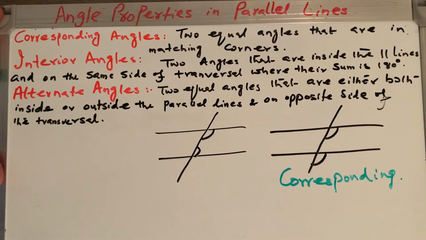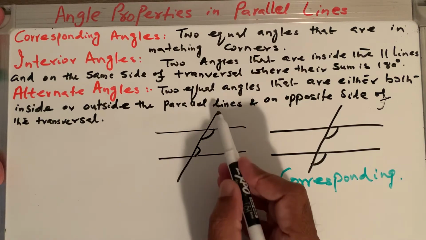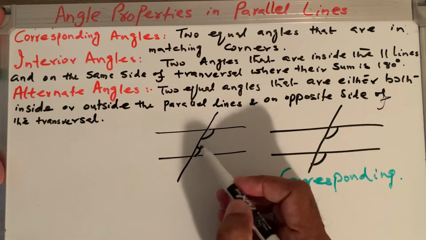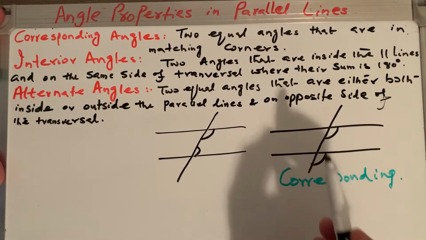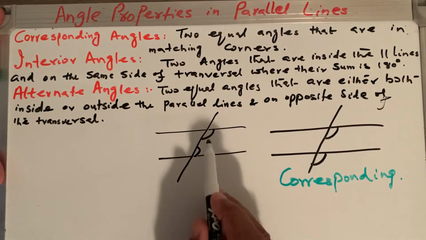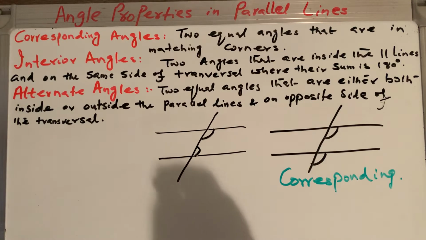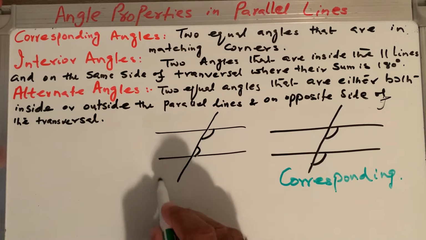And the other part is that they are on the same side of the transversal line, where their sum is 180. So these two angles are not equal. We are saying that the sum of these two angles will be 180. So these are interior angles.